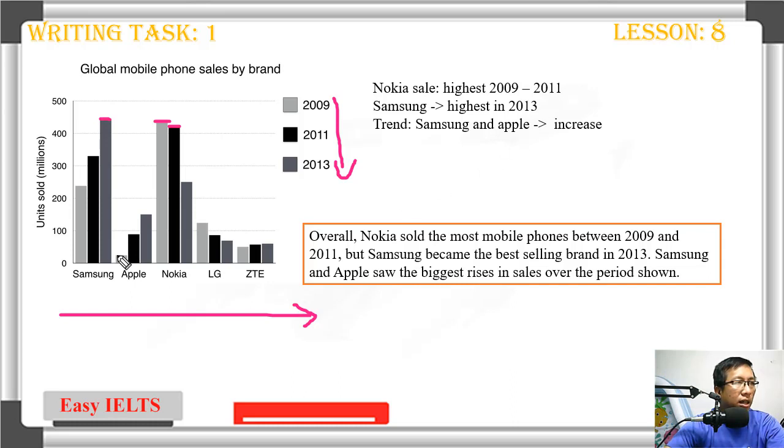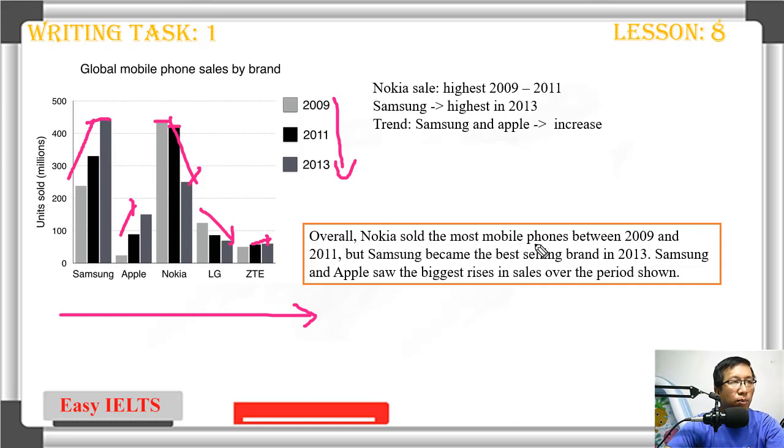Actually, we don't need to talk about the lowest, because now we look at the trend. Samsung increase, Apple increase, Nokia decrease and increase. As you can see, Samsung and Apple increase a lot more than others.